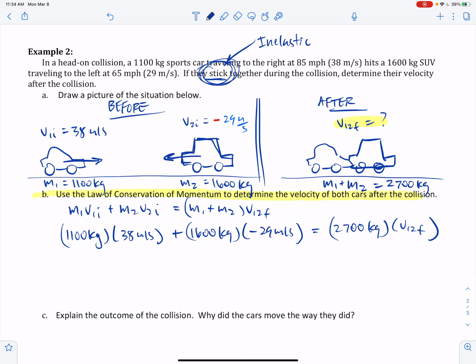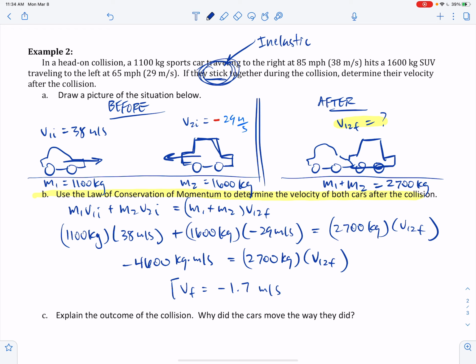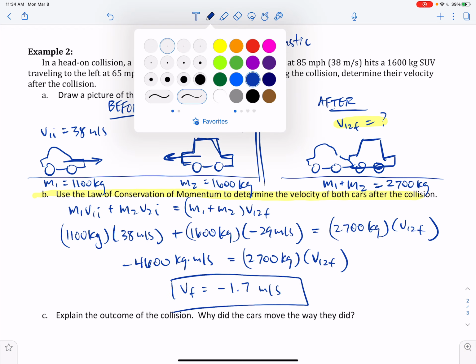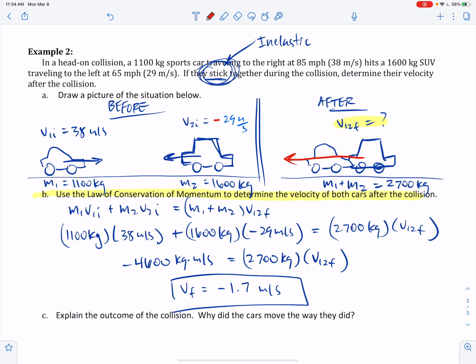On the left side, I get negative 4,600 kilogram meters per second of momentum. On the right side, I get 2,700 kilograms times the final velocity of both objects. That means the final velocity is negative 1.7 meters per second. So they are going to move to the left at 1.7 meters per second.